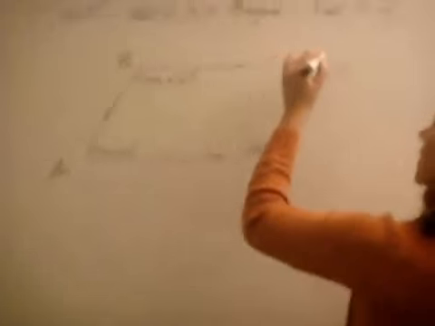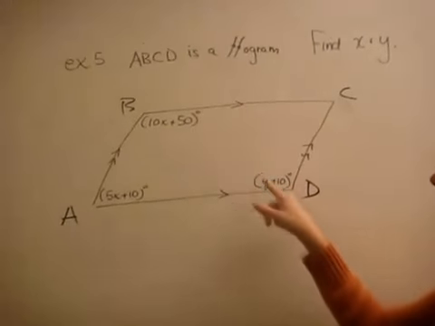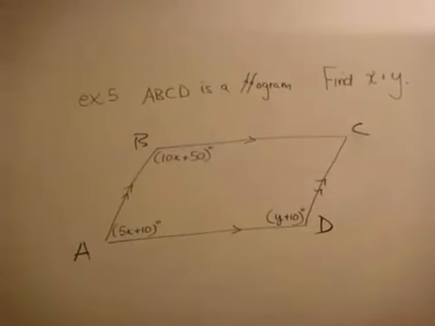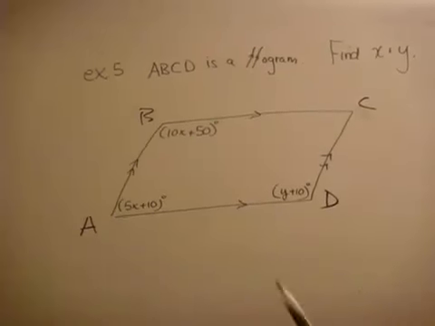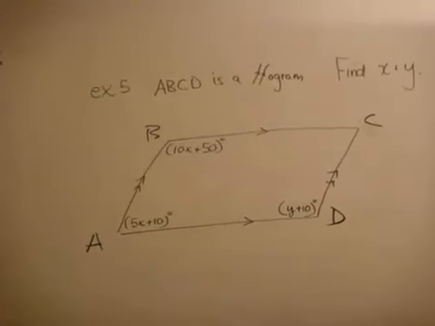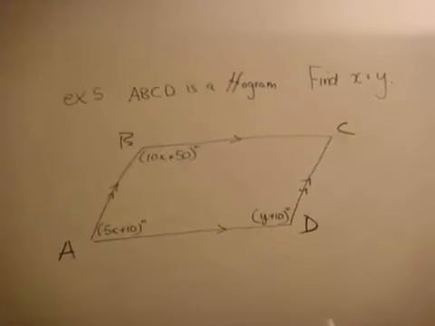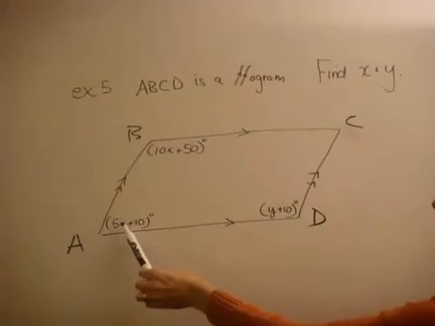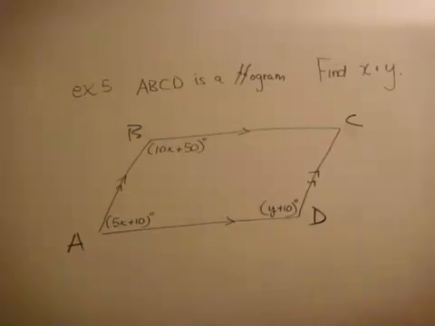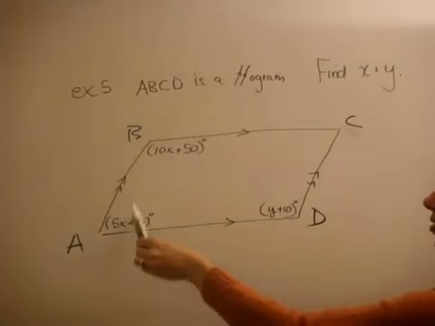They're giving us that ABCD is a parallelogram, and we just want to find X and Y. I didn't write these in. So on this one, we're not worried about the bisectors, we're just worried about the angles. If you notice, we have X and X, so we want to work with these 2 first. These are adjacent angles.